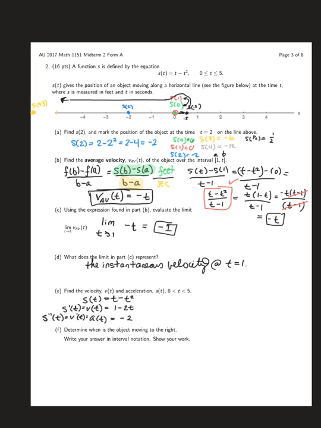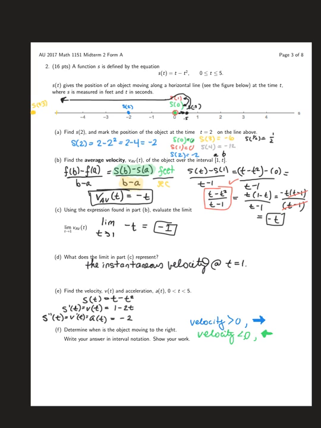Okay, so determine when the object is moving to the right. To determine leftward and rightward movement, what we need to know is that if velocity is greater than 0, that means we are moving to the right. And similarly, if velocity is less than 0, that means we are moving to the left.